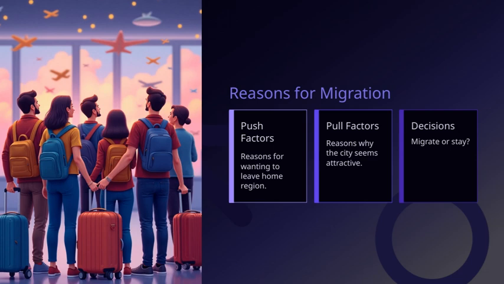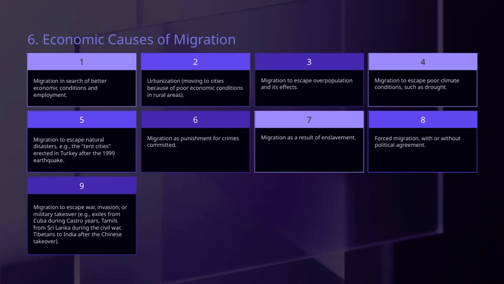Understanding these reasons, both the pull factors that attract us to a new place and the push factors that motivate us to leave, is crucial in grasping the complex decision-making process behind migration. It ties into the broader theme of how and why people move from one place to another, shaping communities and influencing regional development.